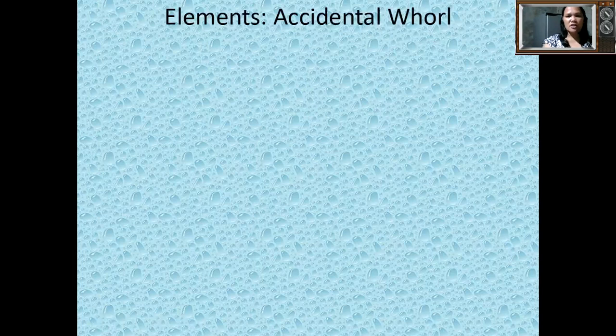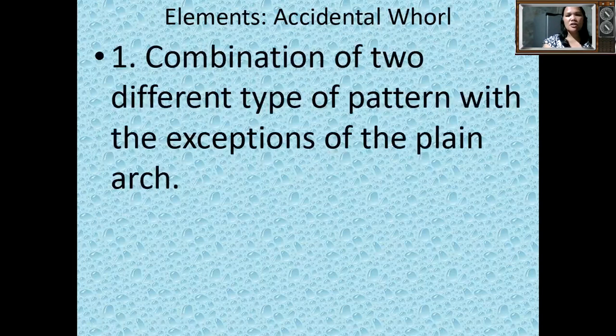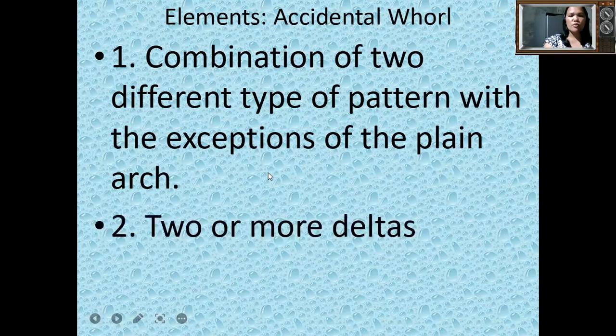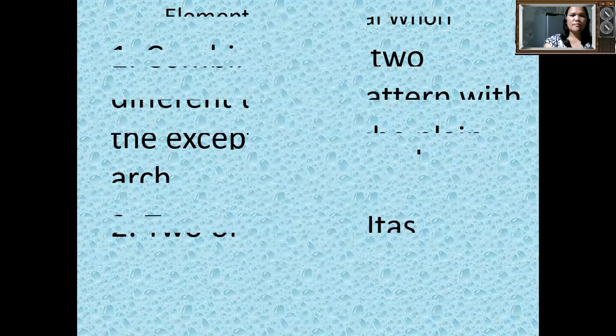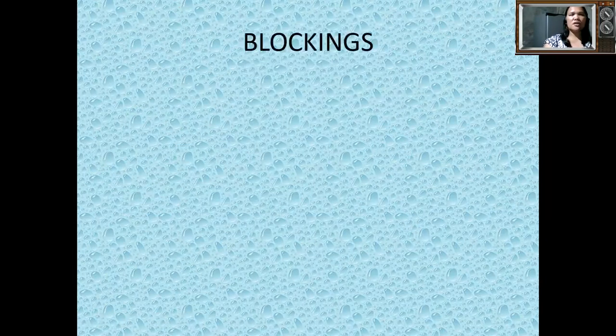In addition, the accidental whorl has its corresponding elements: there should be a combination, and the exemption is the plain arc, and two or more deltas. You have to remember these elements so that you will be convinced as to what type of pattern is really being indicated in the fingerprint.